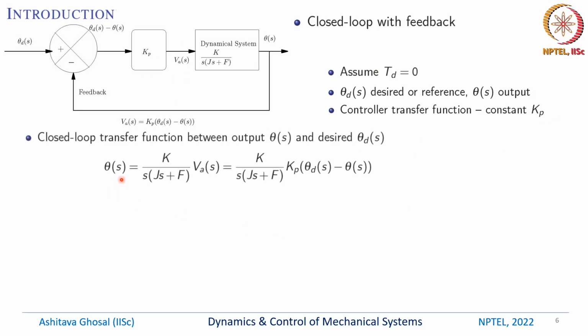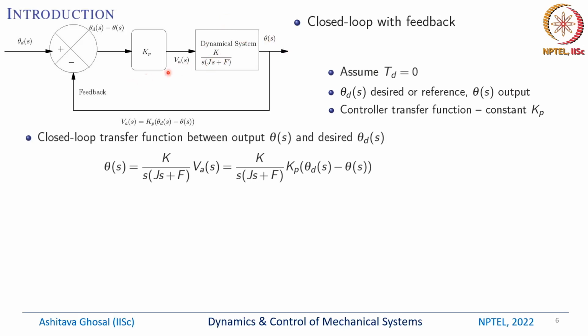The closed loop transfer function between theta of S and theta d of S can be obtained as follows. Theta of S is equal to K divided by S into (Js plus F) into VA of S, because the input to this transfer function is VA.